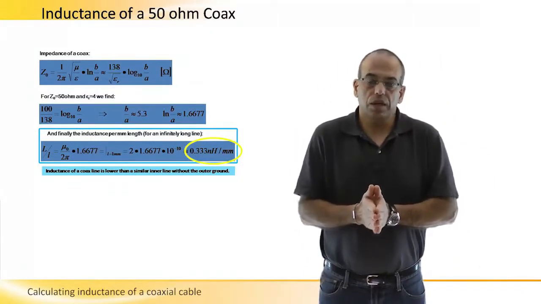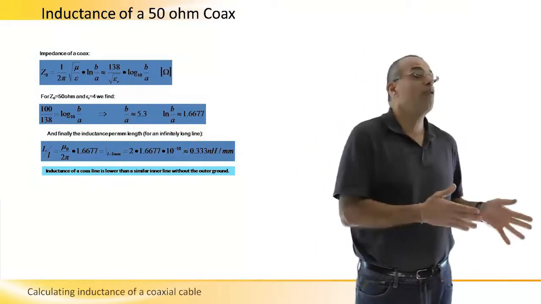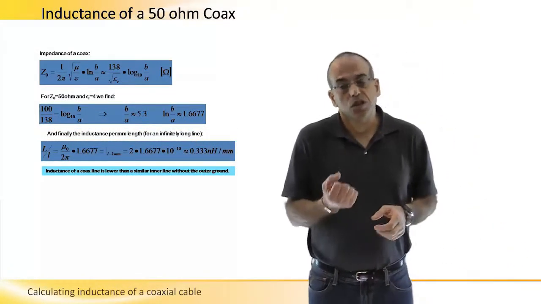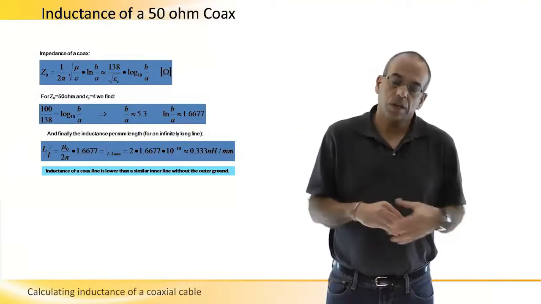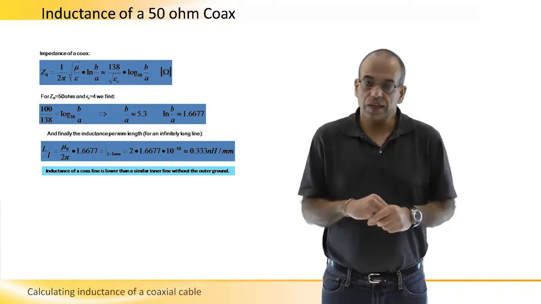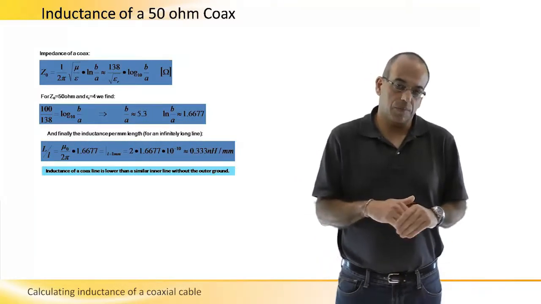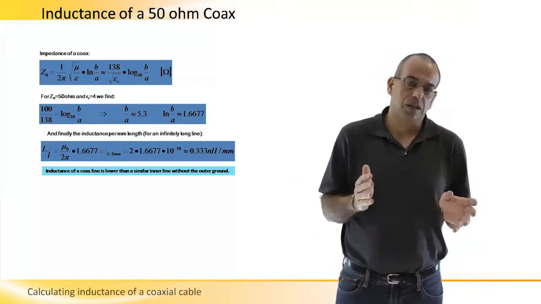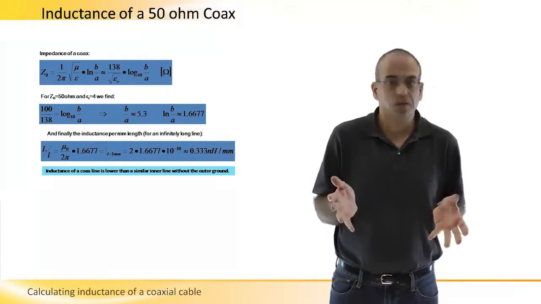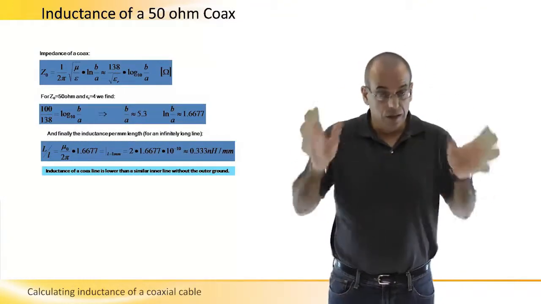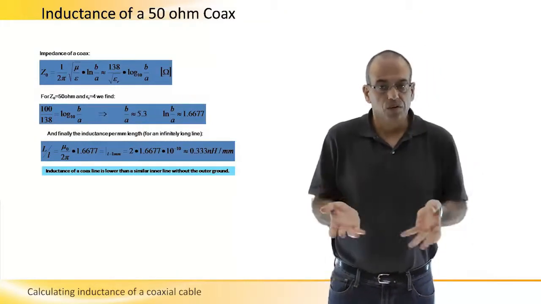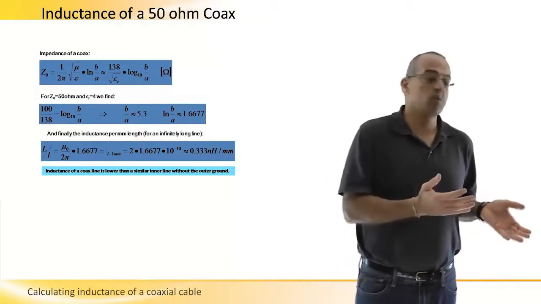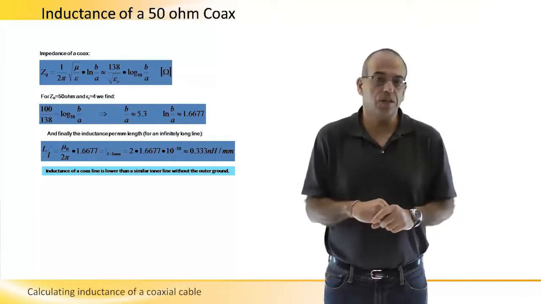which is in the same order of magnitude that we will find in RFICs, just a little bit lower, and we will explain it later on. We need to understand that this result depends on the fact that this problem has a ground. The coax has an outer conductor that serves as a ground, and grounds really reduce inductance, as we will show later on.